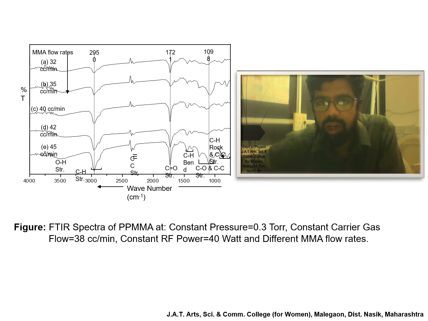We start from 32 cc per minute, then 35, 40, 42, and 45 cc per minute. At different flow rates we can observe a drastic change in the chemical composition of the deposited thin film. Here we see that as the mass flow rate increases, the thickness of the film increases in the presence of plasma, and the chemical changes within the film we can observe from the FTIR spectrum.